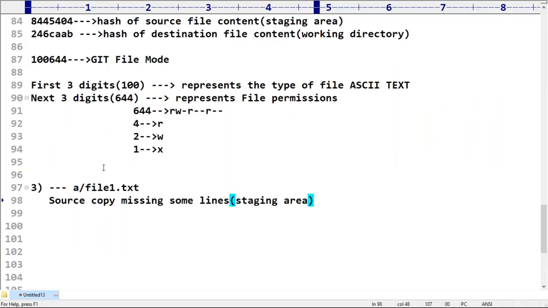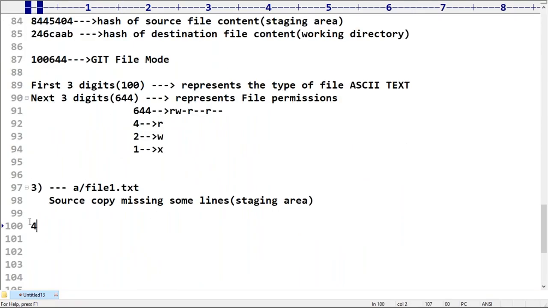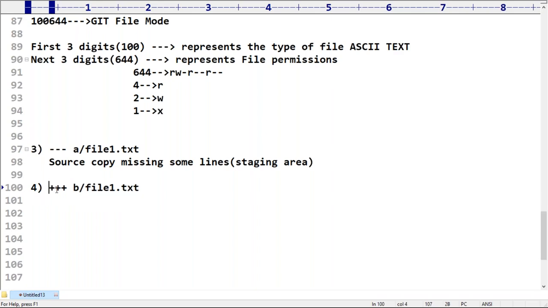Next, the line with plus b. Plus means new lines added in the destination copy.